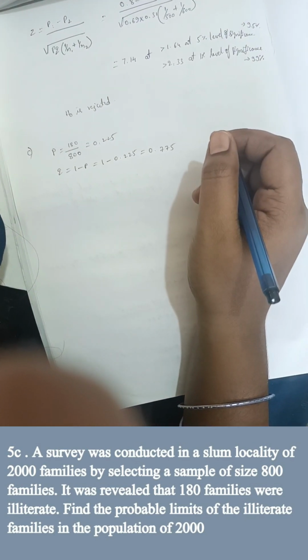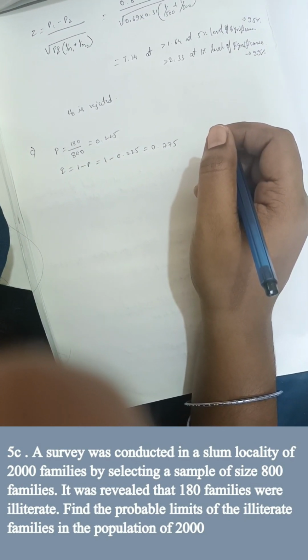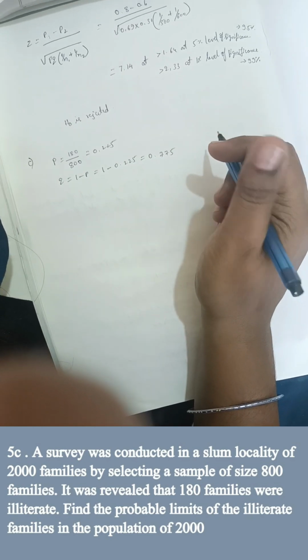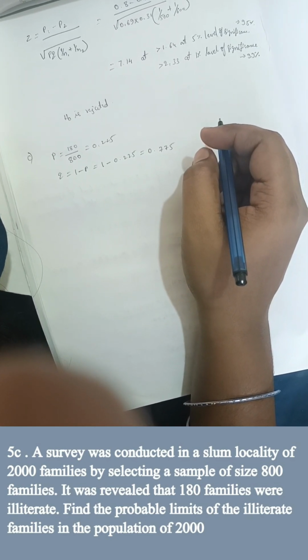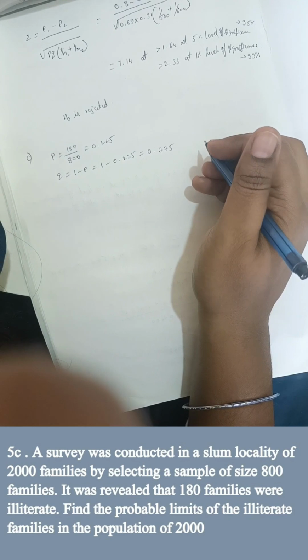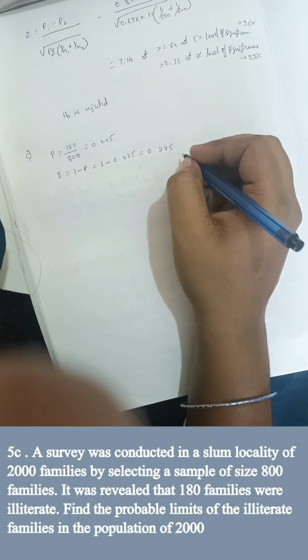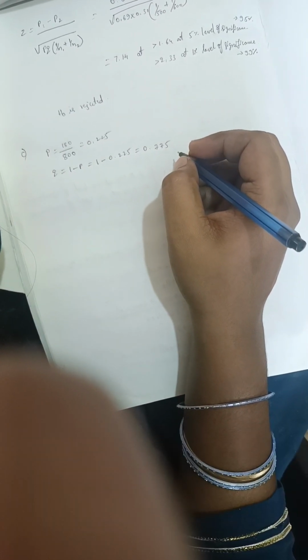Find the probable limits of the illiterate families in the population of 2000. We have to find the probable limits of illiterate families, so the confidence interval limits formula will be applied.